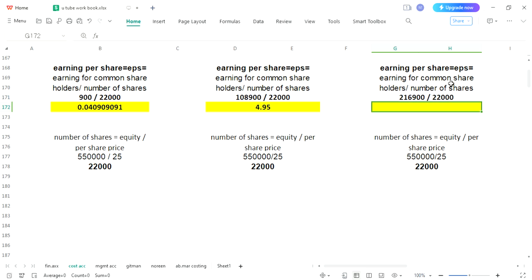Statement is completed. 2,16,900 would be divided by the number of shares 22,000. So we have got our third earning per share, 9.859, or 9.86 can also be considered.